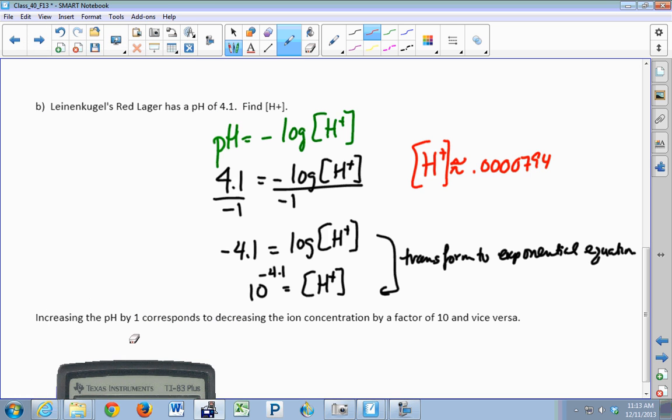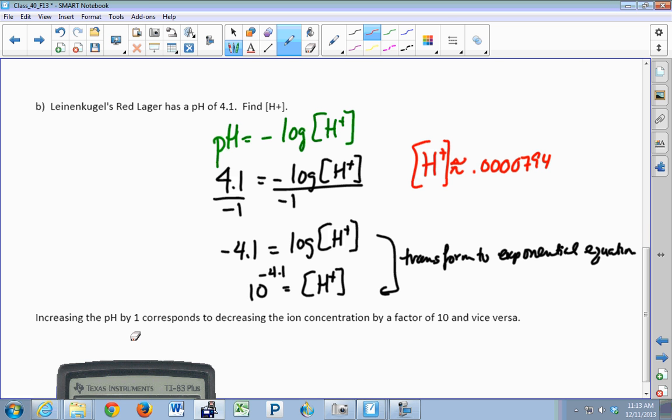So similarly to your scale with the Richter, excuse me, the magnitude of the earthquake, if your pH drops by 1, that means you have 10 times less concentration of hydrogen ion. Just keep track of that little e to the negative number.